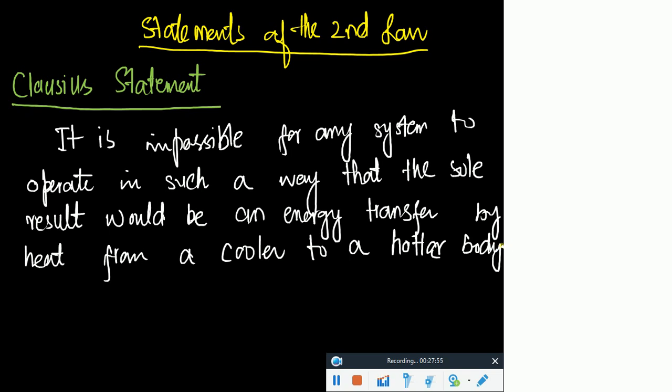Now read that statement very carefully. It is impossible for any system. You can't have that kind of system with you which can operate in such a way that the sole result would be an energy transfer by heat from a cooler body to a hotter body. Let me just define it with the help of a figure. Let's say this is, I would use the word hot razor wire. Why I would use the word razor wire? I would explain it in a minute. But this is something which is hot razor wire.